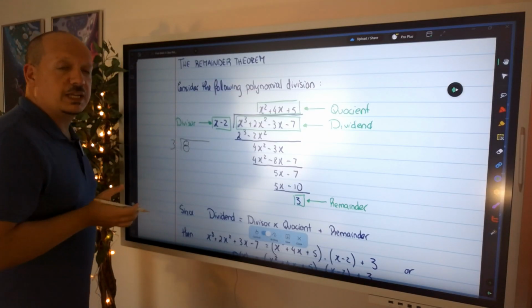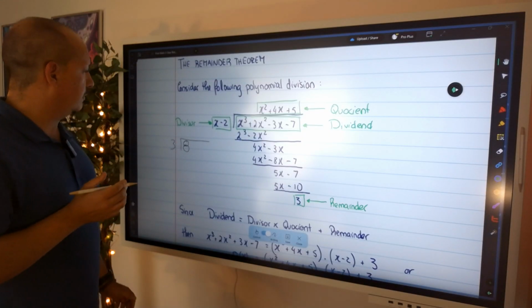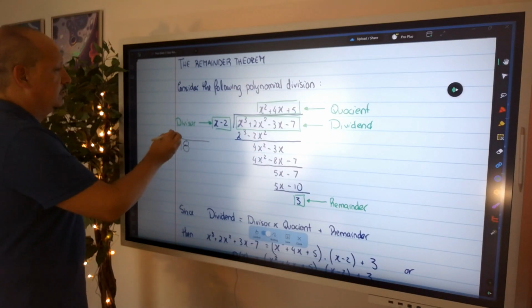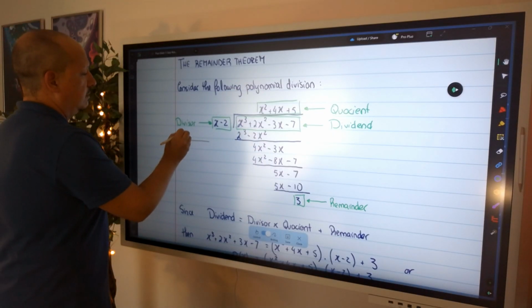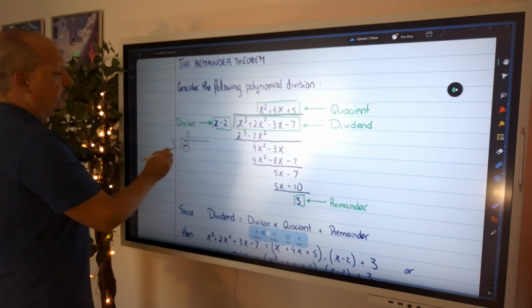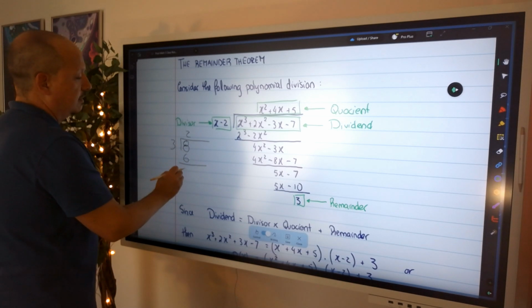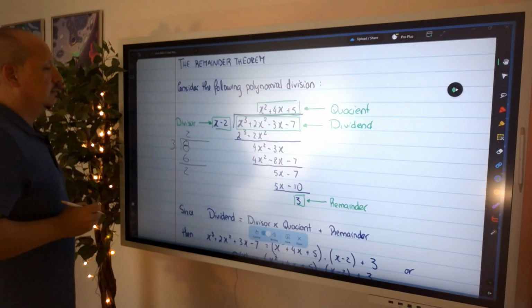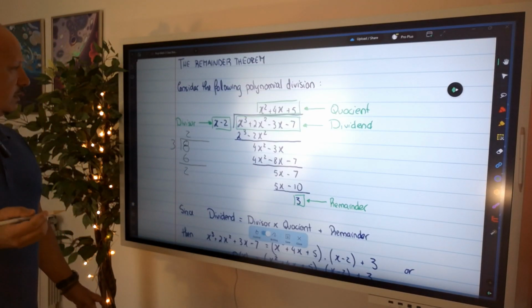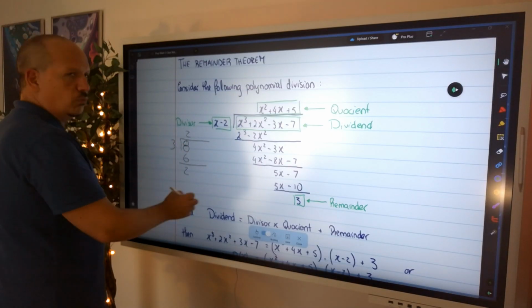The maximum number of times you can divide 8 by 3 is 2. So 2 times 3 is 6. You subtract this and you get 2, right?